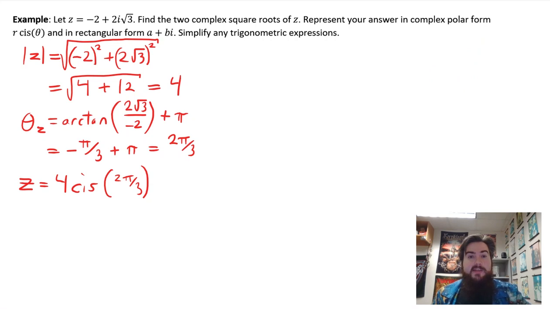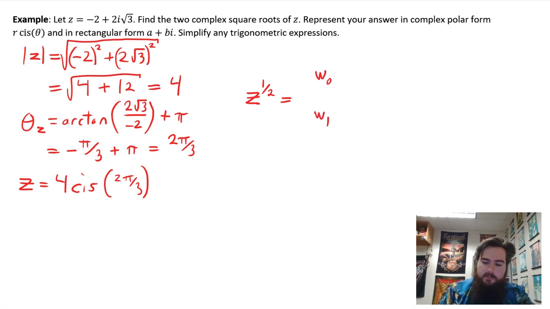If we apply the root formula for finding the complex numbers, so z to the 1/2 power, that would be the square root. Since we're looking for a square root, there should be two solutions for this. I'll represent those as w sub 0 and w sub 1.